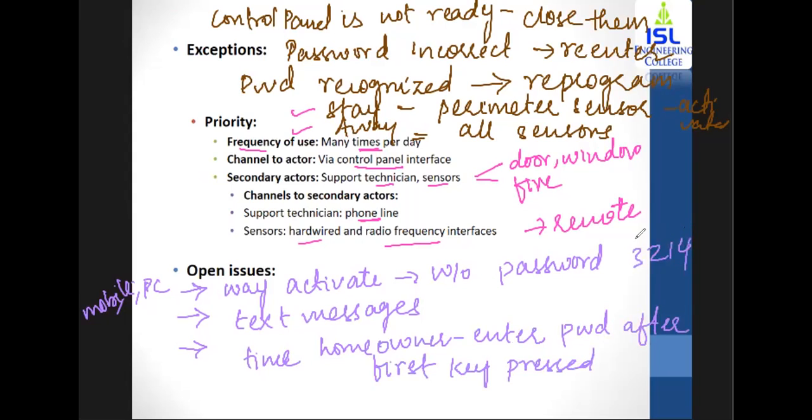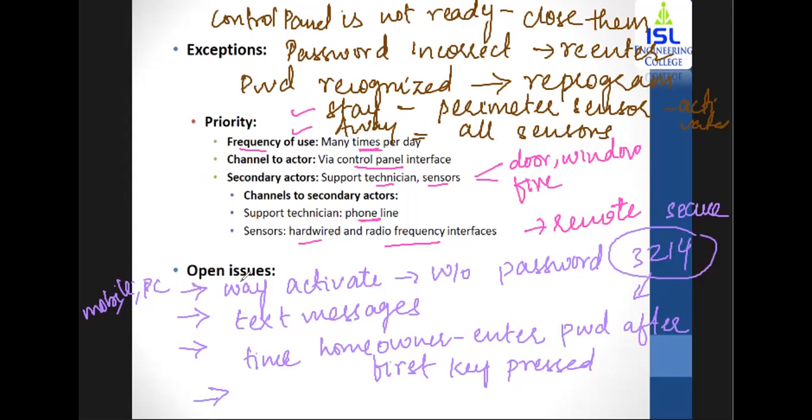If he's entering the first key 3, within how many seconds he needs to enter the entire password, that needs to be identified. Some specific time is allotted for entering the password, or there is no specific time, that needs to be identified. This is identified so that you can secure your home, in case another person is trying different combinations.